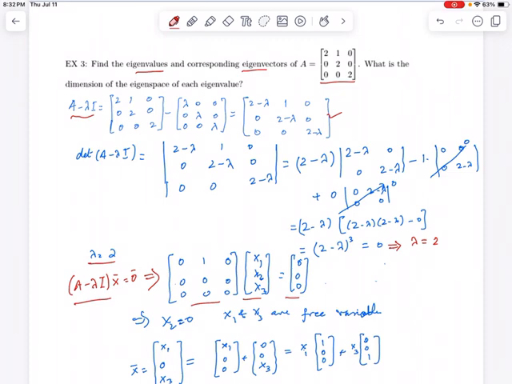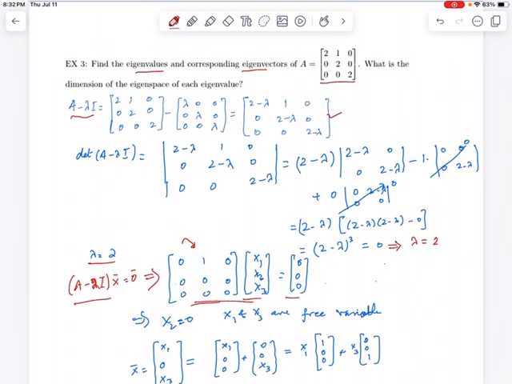So here my A minus lambda I, in this case, will be A minus 2I, because lambda equal to 2 is the eigenvalue. So A minus 2I times x is equal to 0.